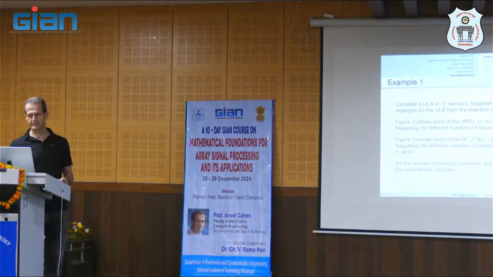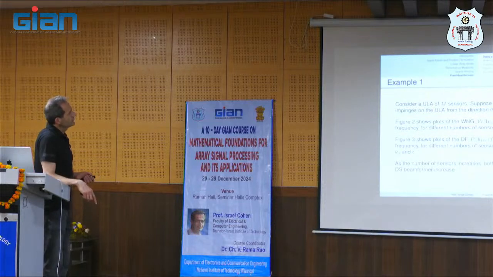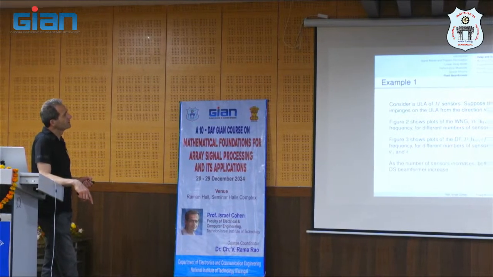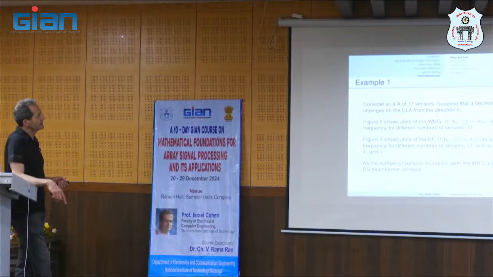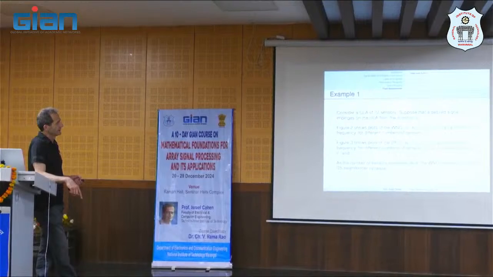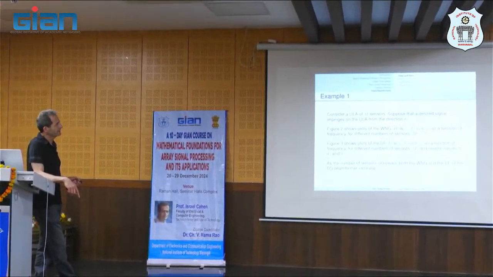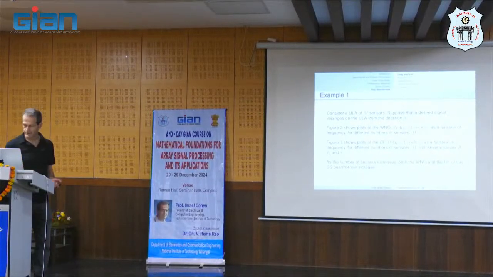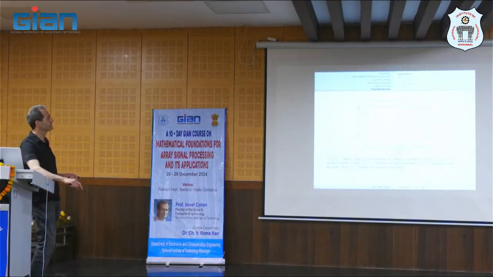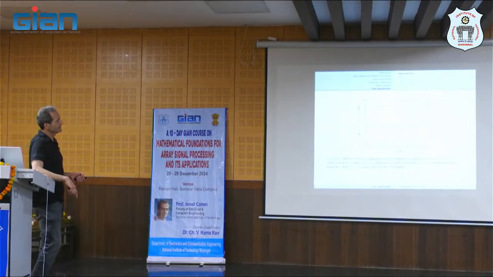Okay, let's see an example. Consider a uniform linear array with M sensors, and suppose that a desired signal comes from the direction theta d. Then we want to see what happens to the white noise gain. In this figure, we see the white noise gain for the signal that comes from theta d as a function of frequency.